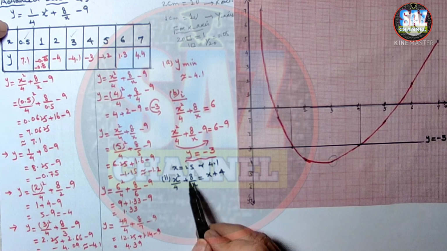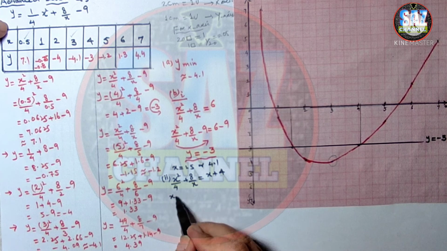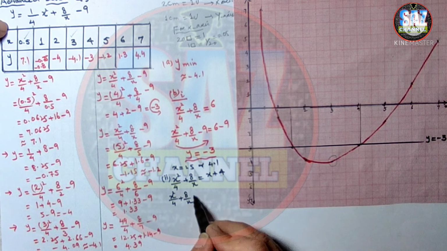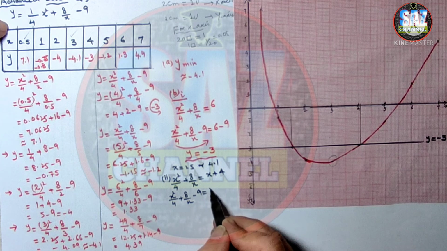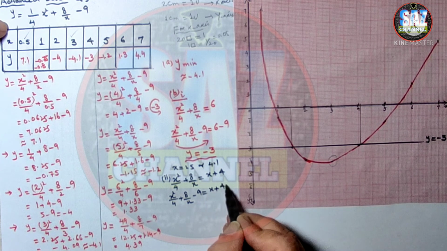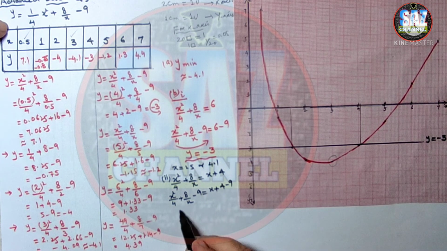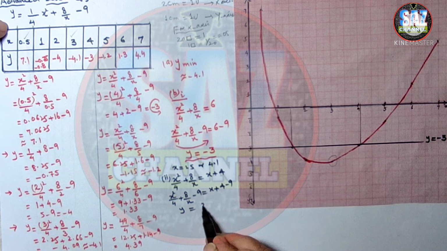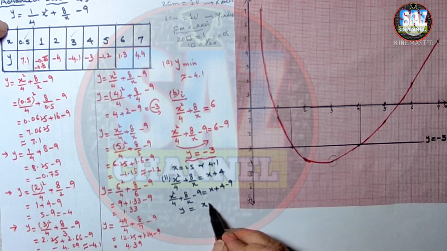X square by 4 plus 8 by x is the same, but it's deficient of minus 9. So what we will be doing: x square by 4 plus 8 by x minus 9 equals x plus 4 minus 9. Now this will be y equals x minus 5.